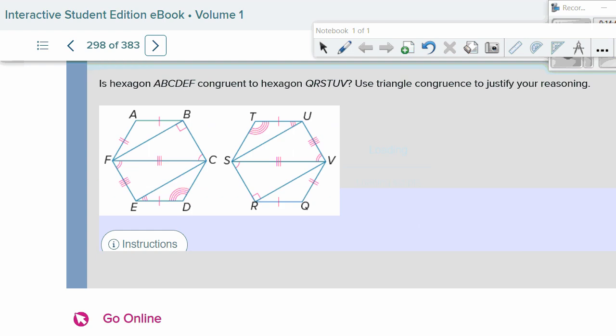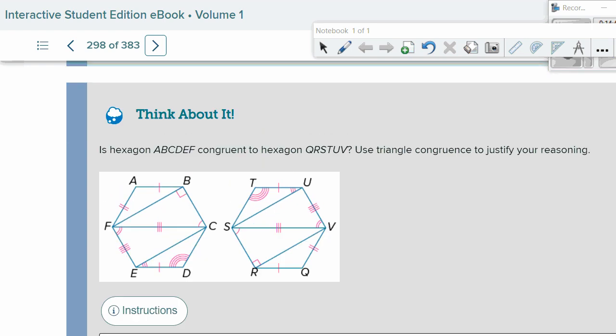If we just take a look at this really quick, I've got this hexagon and they want me to prove if the triangles are congruent using all this triangle stuff. You should be able to say one way or another, this triangle down here at the bottom would be congruent to this guy up here at the top because it's angle side angle.